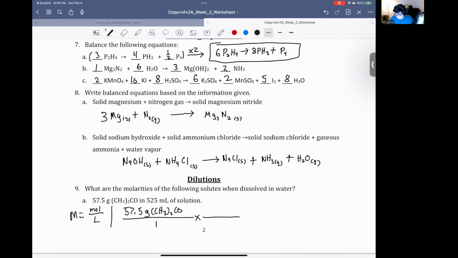So C is 12.01, hydrogen is 1.008, so there's 3 of them, 3 times 1.008. And then I have another carbon and I have an oxygen that weighs in at 16. So the molar mass here should end up being 58.078 grams for 1 mole of acetone.